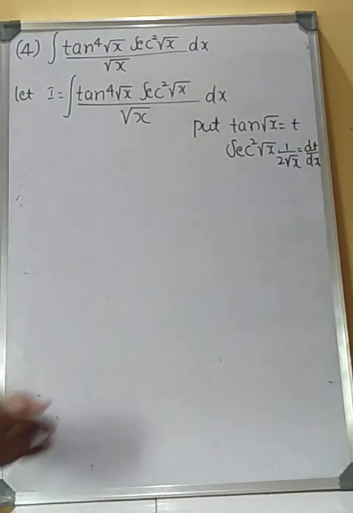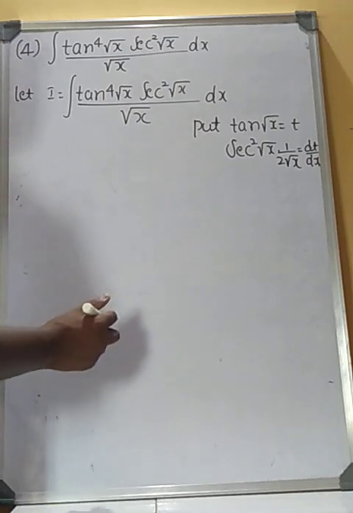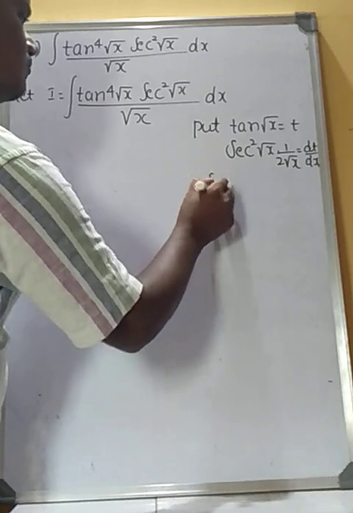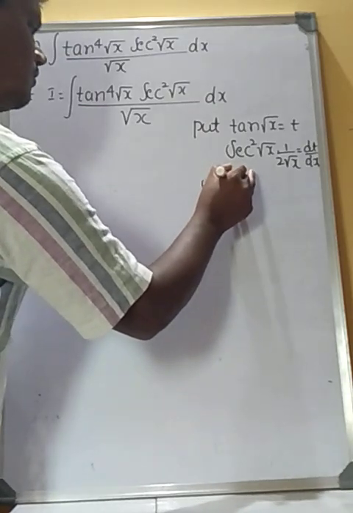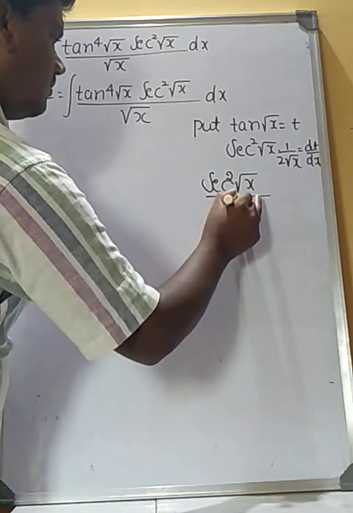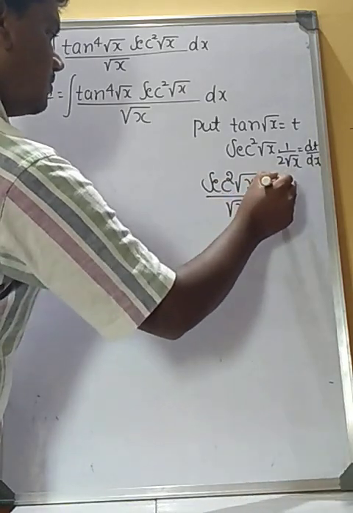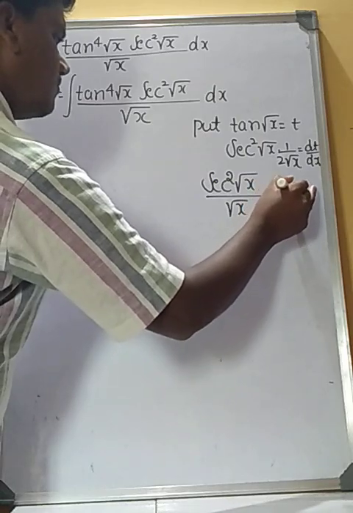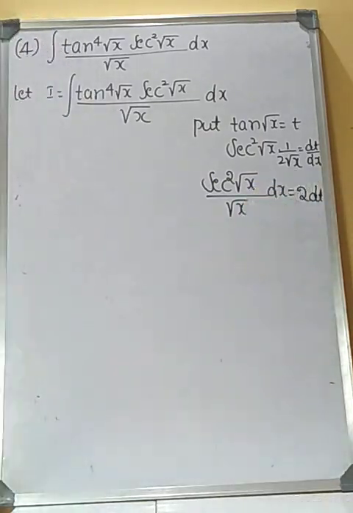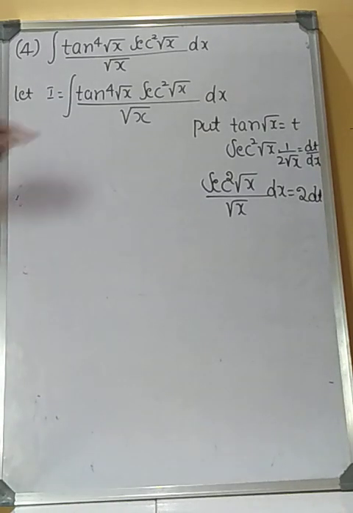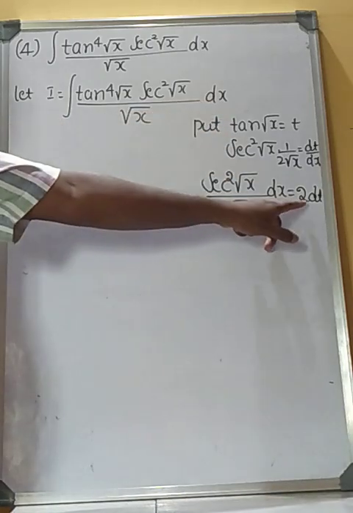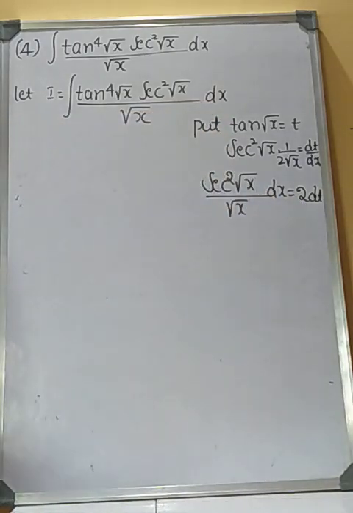So cross multiply: sec²(√x) / √x dx = 2 dt.